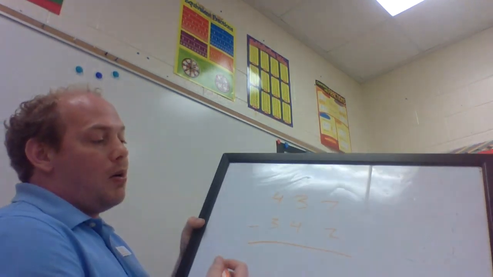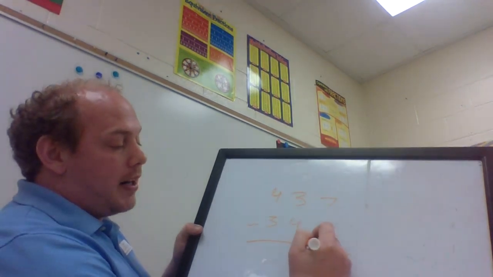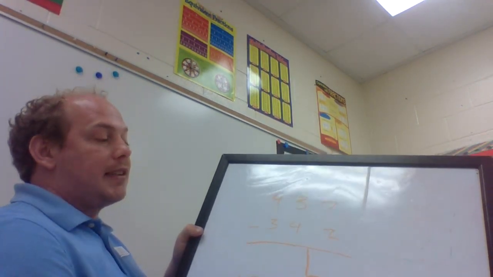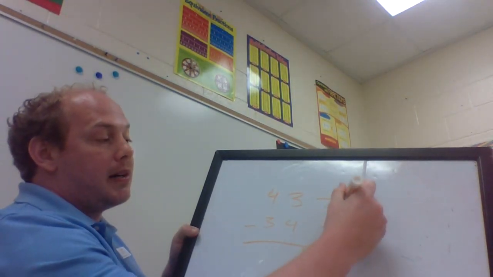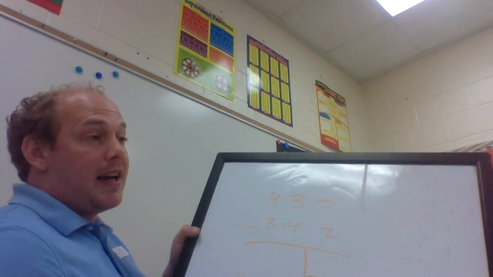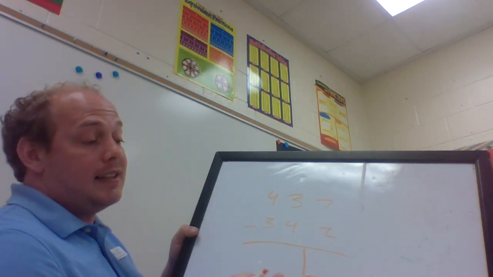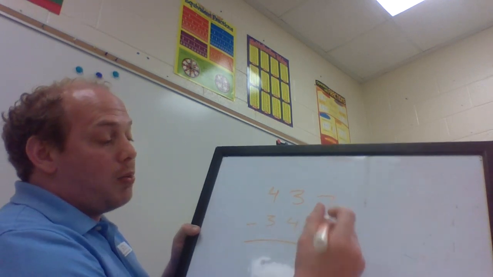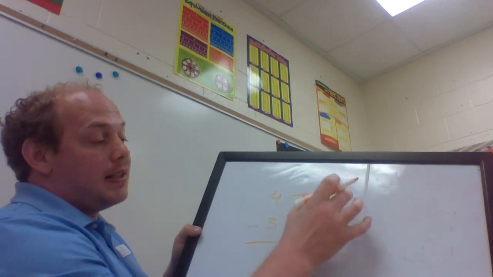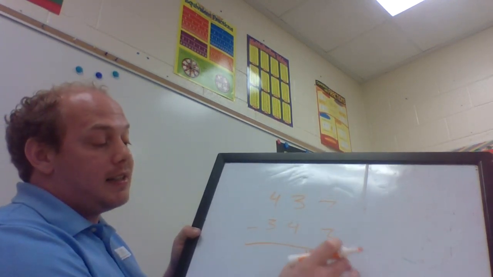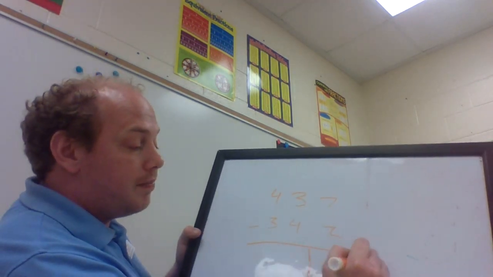So if we start here, we ask ourselves, is the bottom number bigger than the top? And the answer in this case is no. So we just subtract as normal.